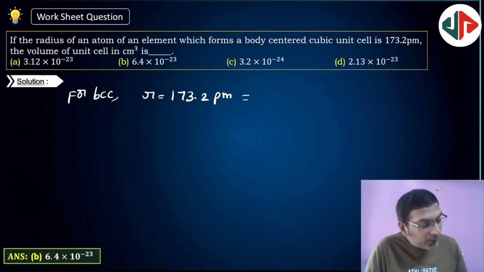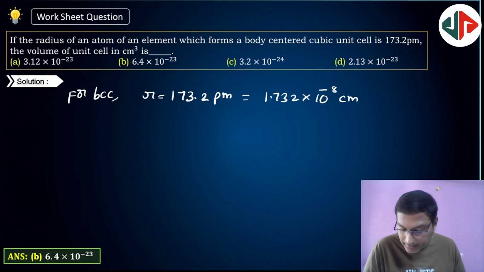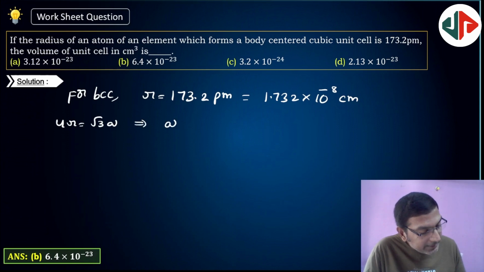We should find volume in centimeter cube. Therefore, convert it into 1.732 into 10 power minus 8 centimeters. So for BCC, we know 4R equal to root 3 A. So from this A equal to 4R by root 3.